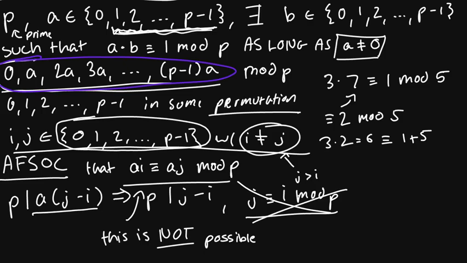And since we're taking mod p, every number is between 0 and p minus 1, we will achieve each number between 0 and p minus 1 exactly once, meaning that it is this sequence in some permutation, right? And note that this sequence always will contain some number that's congruent to 1 mod p, which means that each number has exactly 1 modular inverse mod p, some number that you can multiply by to get to 1 mod p.